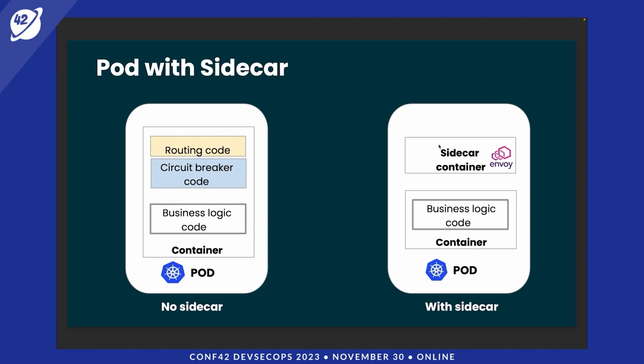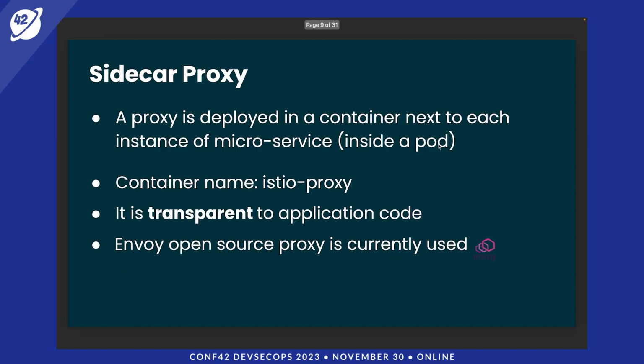One container only contains your business logic, and another container is a sidecar container that only contains your infrastructure logic or your network policies. And you can see now these two containers can be managed independently, and making a change inside your network policies will not require you to roll out your business logic or your application code, and vice versa.